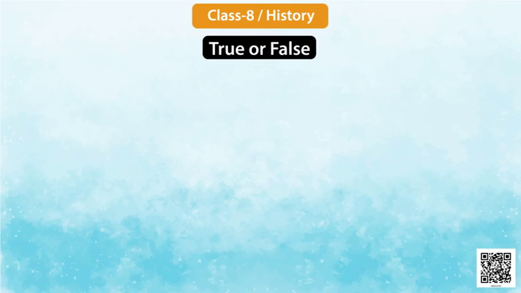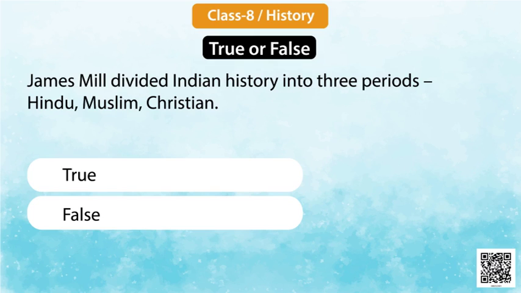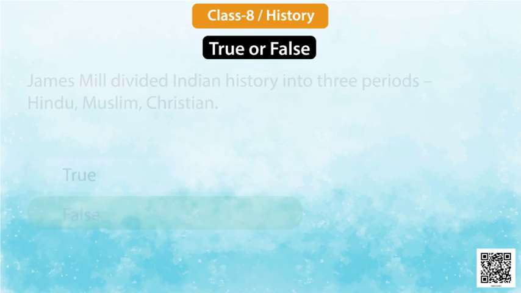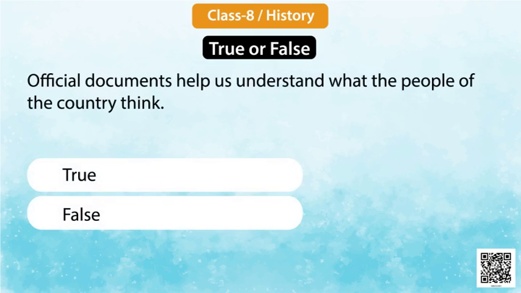Say if the statement given below is true or false. James Mill divided Indian history into three periods: Hindu, Muslim, Christian. This is a wrong statement. James Mill divided Indian history into Hindu, Muslim, and British. Next, official documents help us understand what the people of the country think.